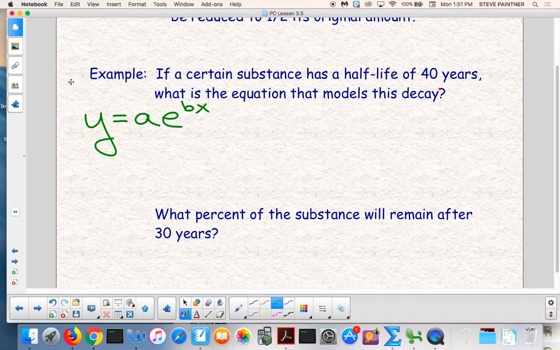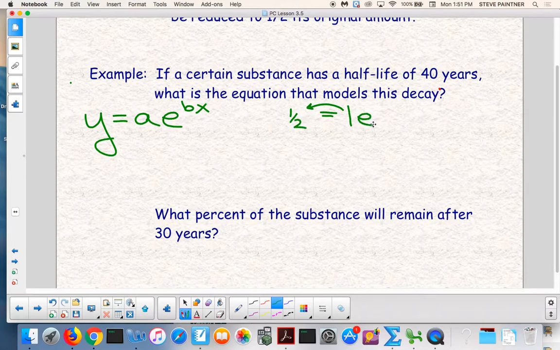Time's up. I'm sorry. What do you know? This is half-life. So what did I start with? You can make any number up you want, guys. Pick the easiest number there is: 1. You started with 1 pound of something, and 1 pound turned into half a pound, right?